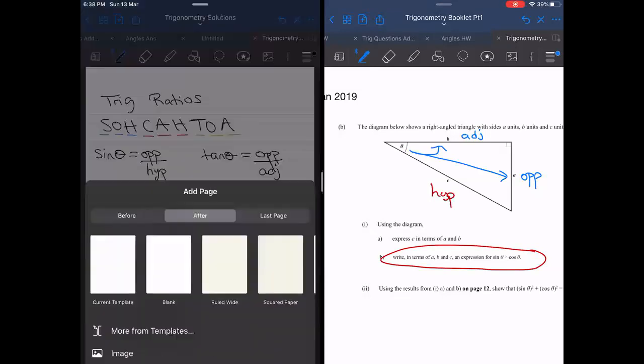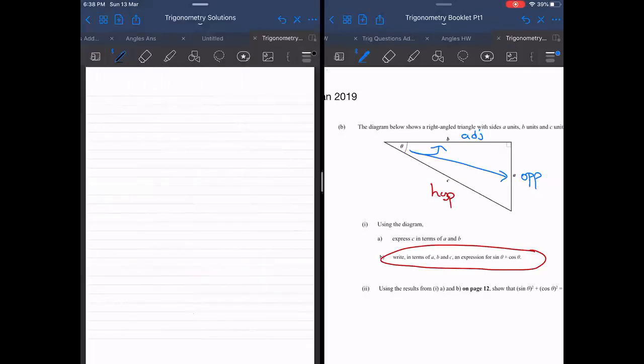All right. So for this question, it says write an expression for sine theta plus cos theta. So we have to take a step. What is sine theta? Sine theta is opposite over hypotenuse. Let me put it down here for those persons who don't know it yet.